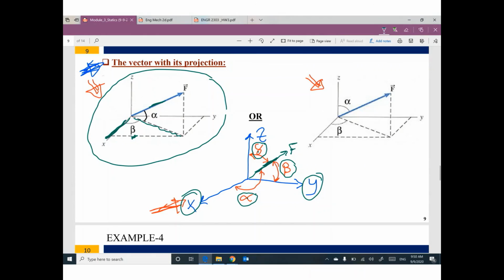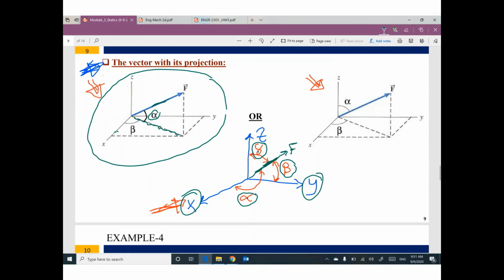Something different than the force. So we have a very big difference. We have a different situation here. These angles are completely different. Alpha is given between the force and something here. Beta between x-axis and this something.